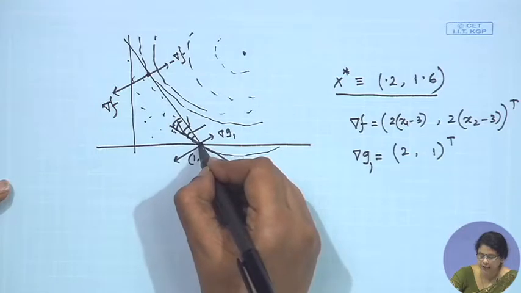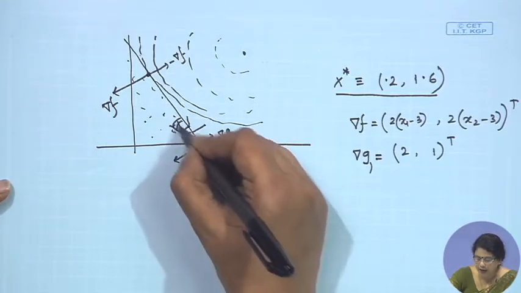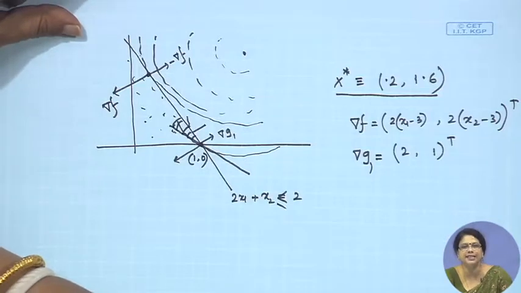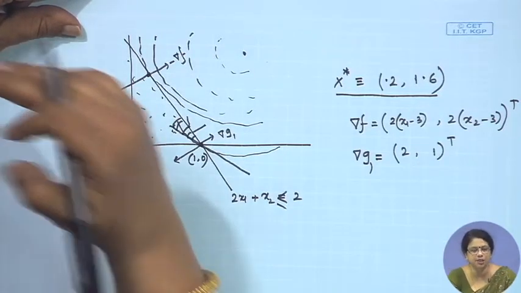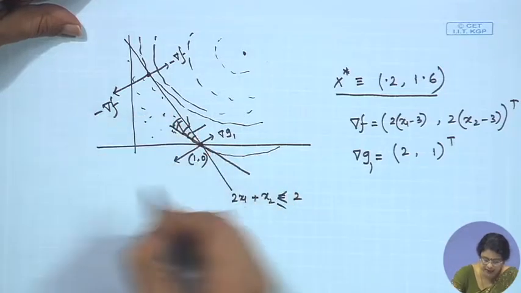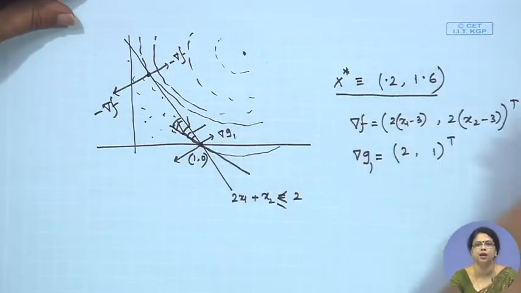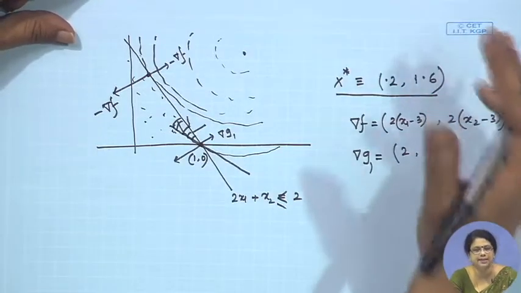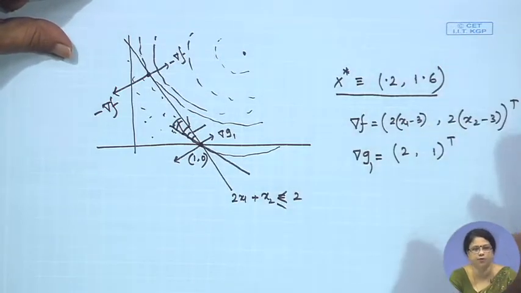This is the feasible direction. From here if I move in any one of these directions, I will be in the feasible direction. And what will be the descent direction? The descent direction would be at this point. This is the descent direction, this is minus grad f, this is the ascent direction of the objective function. Feasible cone in terms of constraint, but descent direction in terms of objective function.